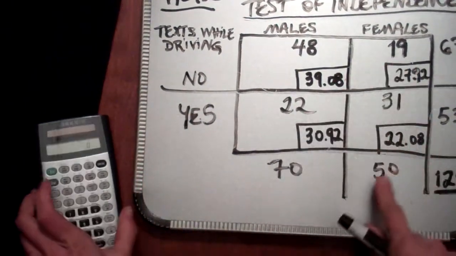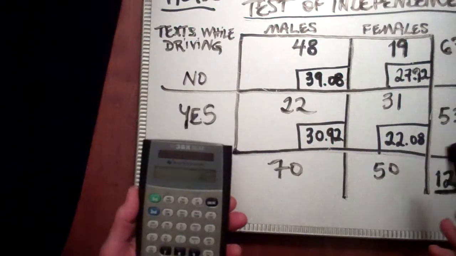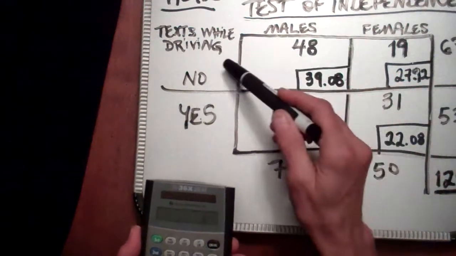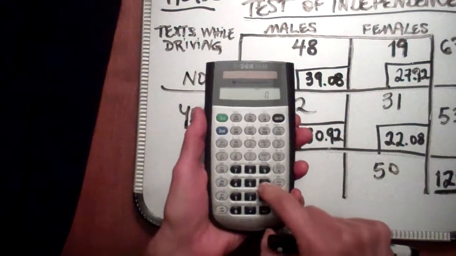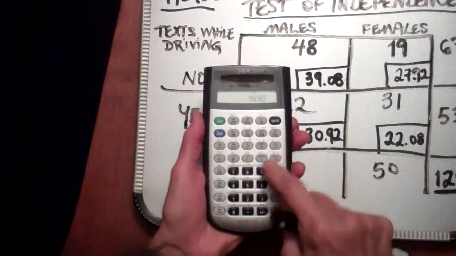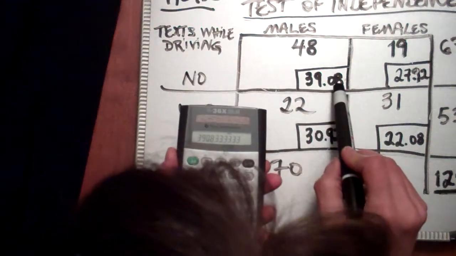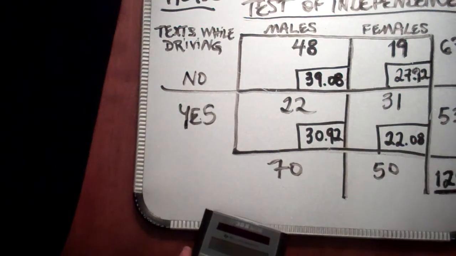Okay, so let's do that now. I'm not going to do all of these. I filled these in for you already, but I just want to demonstrate to you how we do this. Let's say we want to know what is the expected frequency for males who say they never text while driving. Well, if we take 67 times 70 and divide by 120, this total sample size, we get 39.08. 39.08 is the expected frequency for this cell.